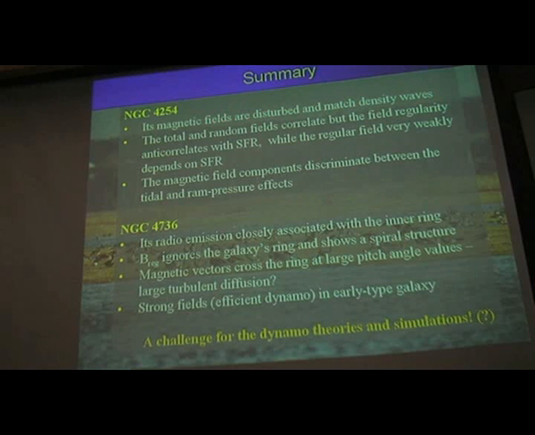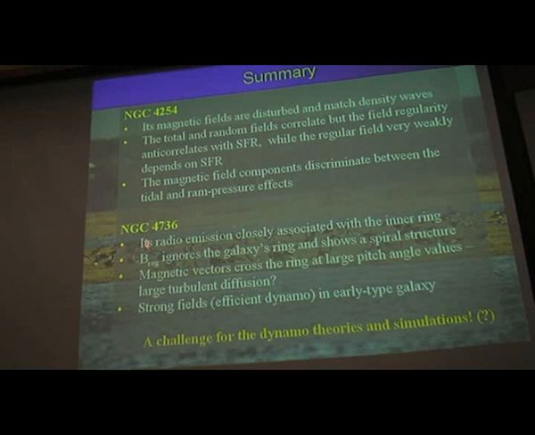We found with the help of magnetic maps that total random fields correlate very well with star formation rate, but field regularity anti-correlates, and the regular field does not depend on star formation at all, or almost. And some analysis of magnetic field components can discriminate between tidal and ram pressure effects in cluster spirals.